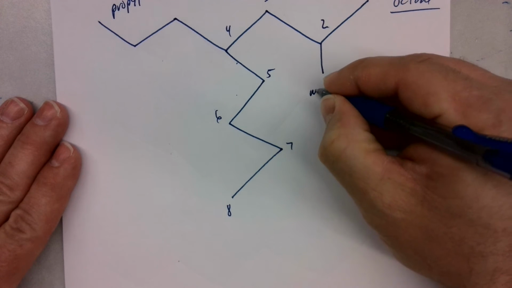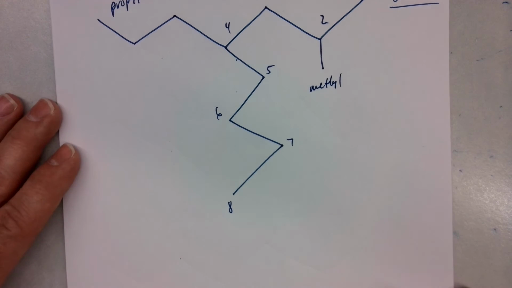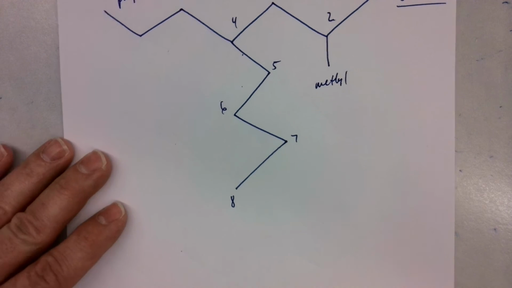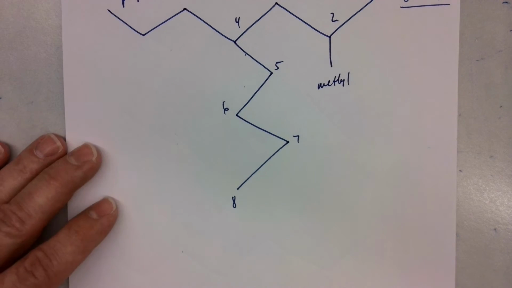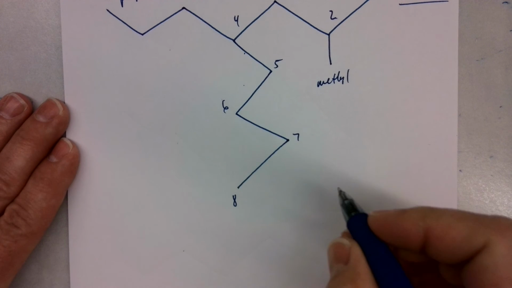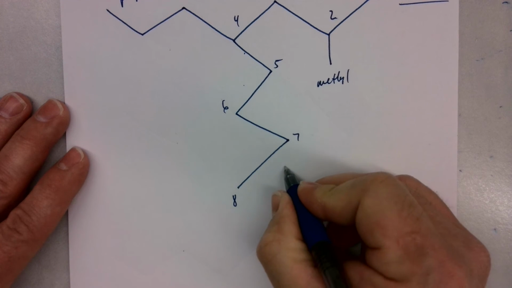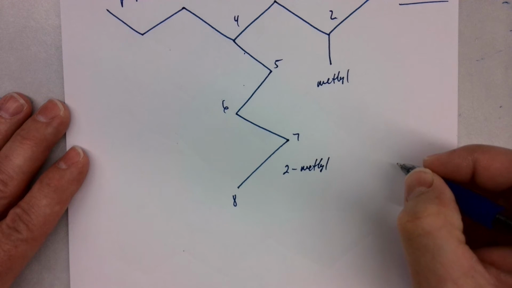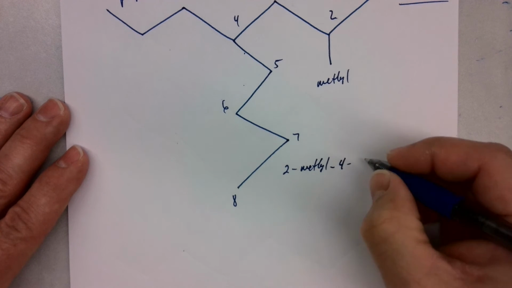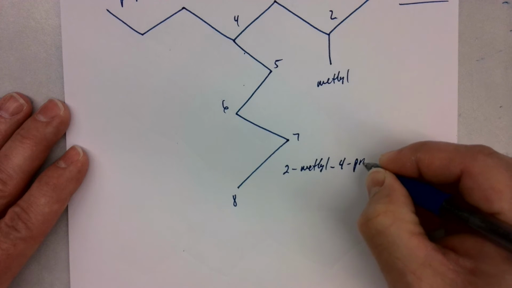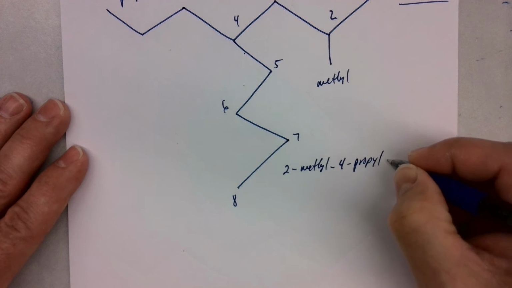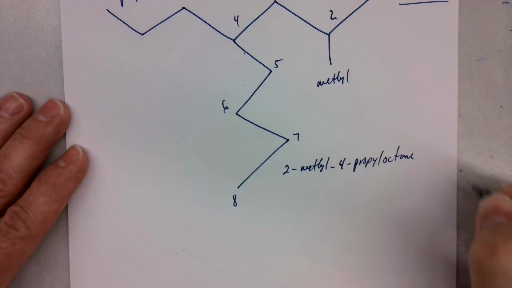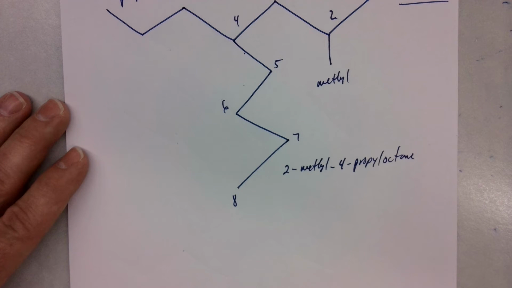It's a methyl again. Okay, so now which comes first? Methyl comes first. So I'm going to have 2-methyl-4-propyloctane. Just like that.